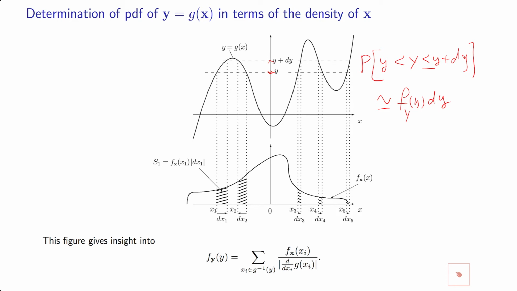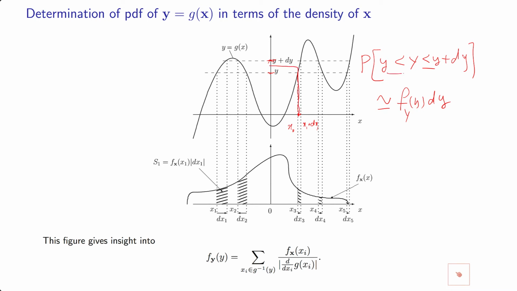Now, if y is in this interval, what are the values of x on this axis which are mapped into this interval? Now, if for this y I get this solution, and for y plus dy I get this solution, let's say this is your first solution, x1, and this is x1 plus dx1. So all the points in between these two are mapped into this interval.